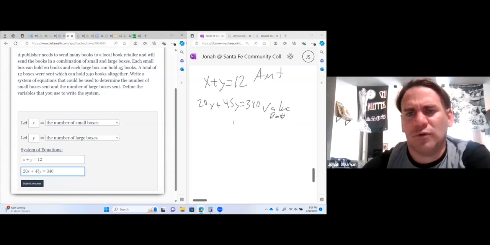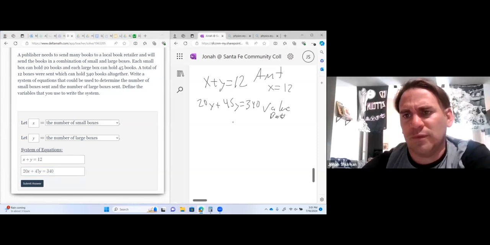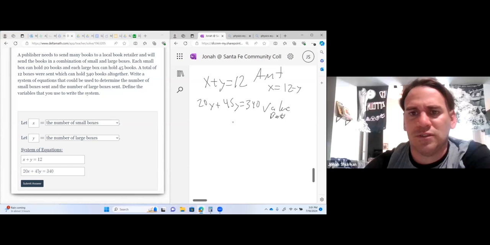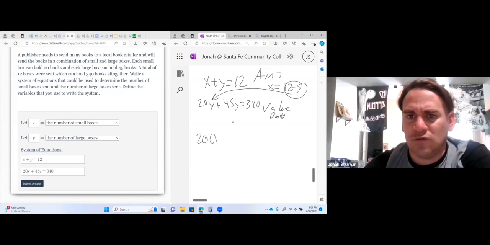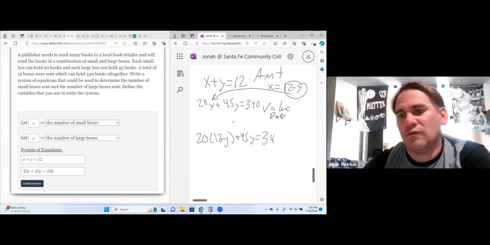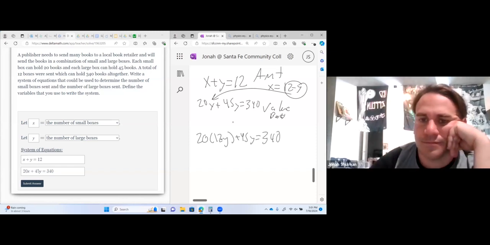We might as well do it all 3 ways. So here's the substitution way. X equals 12 minus Y, so I can just drop this into here. So this is 20 times (12 minus Y) plus 45Y equals 340. Then we would just solve it. That's one way to do it.